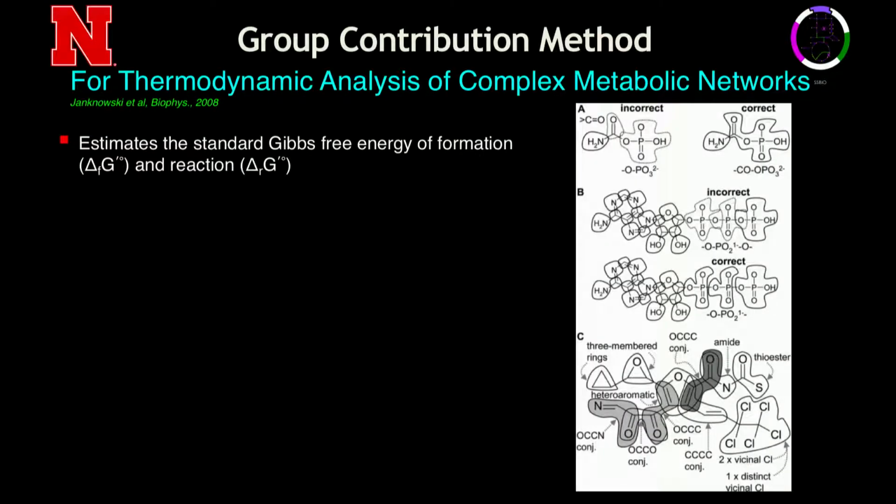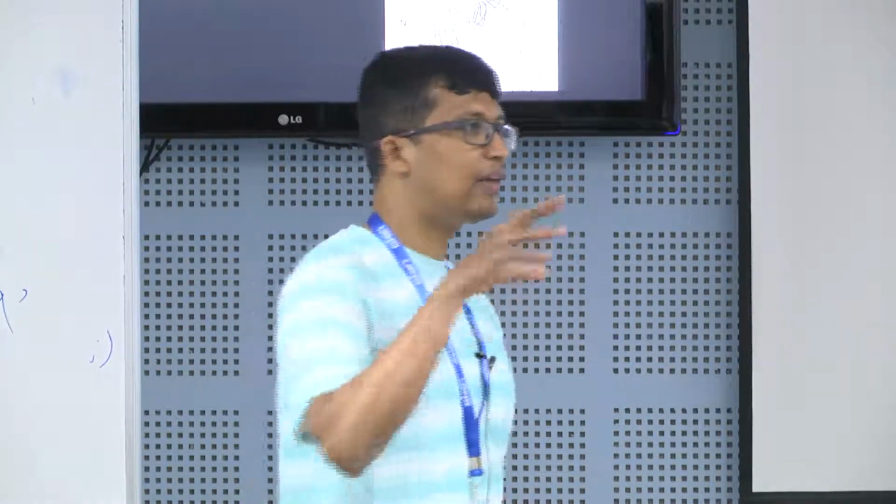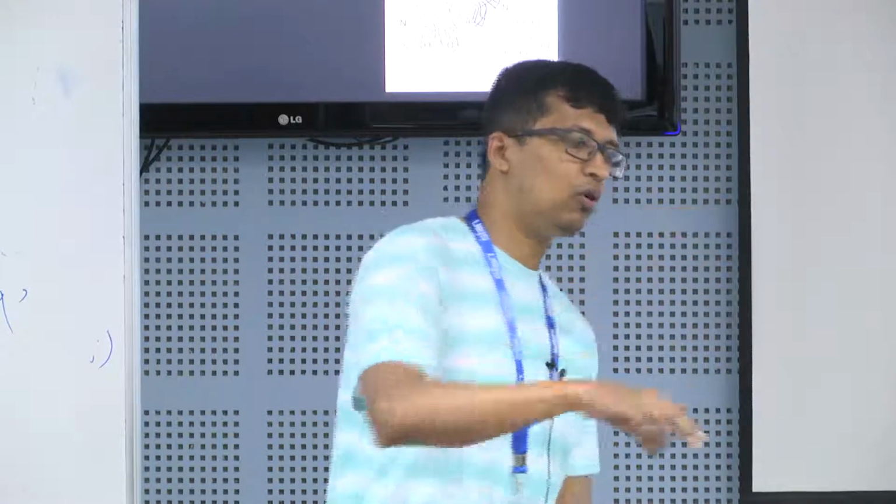All right. So you might remember I mentioned about group contribution method. Group contribution method is a method to calculate the delta G value, difference of Gibbs free energy value for a given compound. If you know the Gibbs free energy value for a given compound, then you can determine the Gibbs free energy of the given reaction.